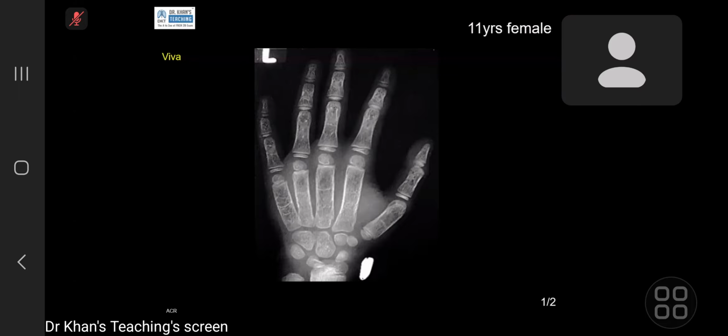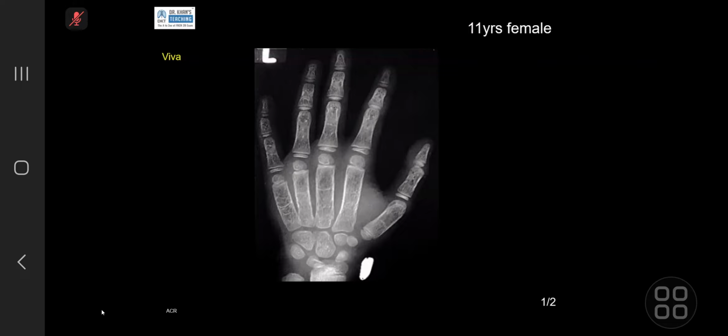I'm presenting an X-ray of the hand. I can see a diffuse expansion of all the phalanges and metacarpal bones.